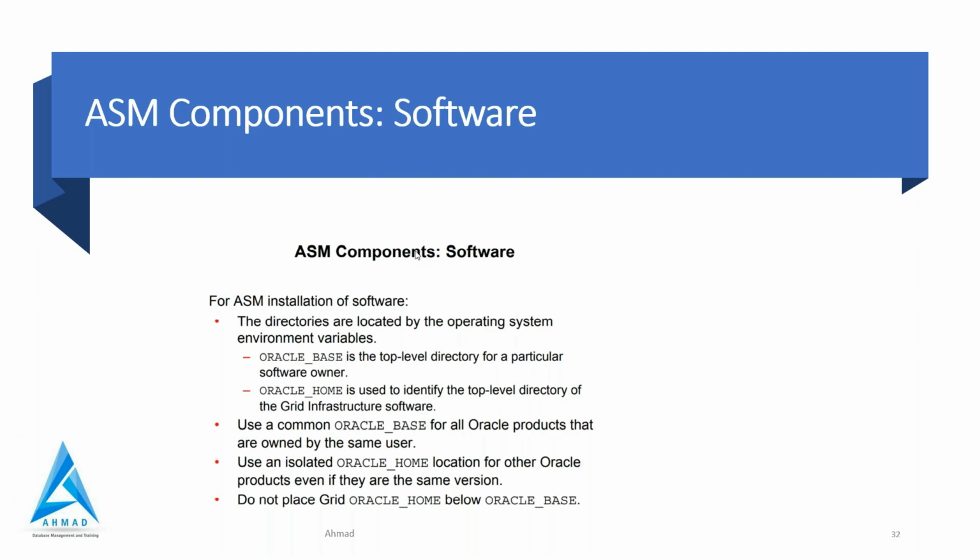Oracle base is basically a top level directory, and Oracle home is used to identify the top level directory of the grid infrastructure software. We can use Oracle base for all Oracle products, and we can use an Oracle home location for all Oracle products, and do not place grid home below Oracle base. That is the condition.